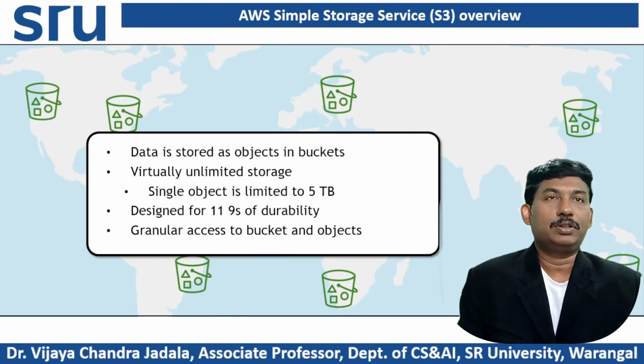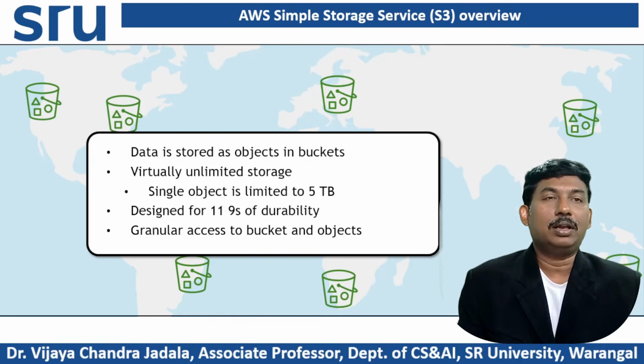As an overview, the major terms here are: data is stored as objects in buckets, meaning the data we store in a bucket is considered an object, and virtually the space is unlimited. There is no declaration that this much space should be there, but a single object limit is 5 TB.